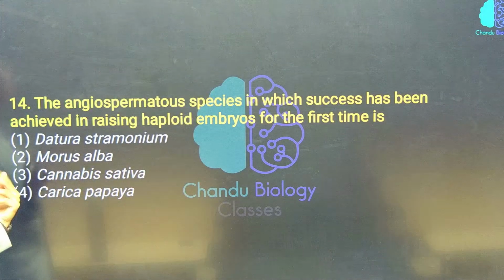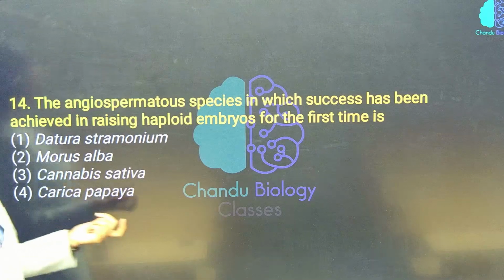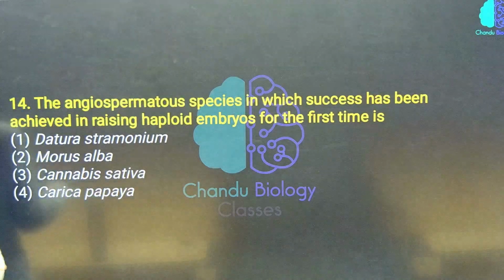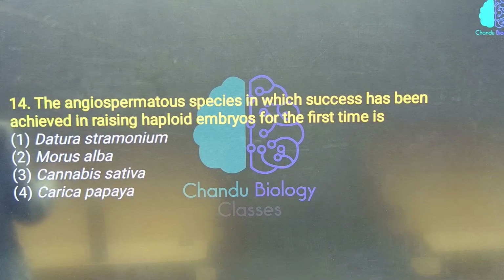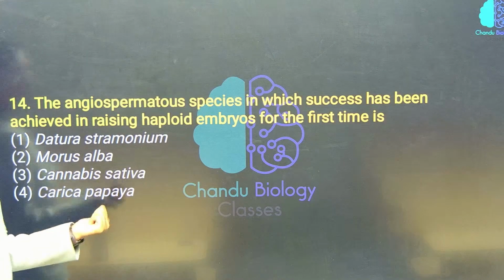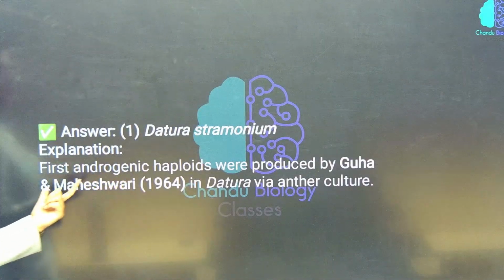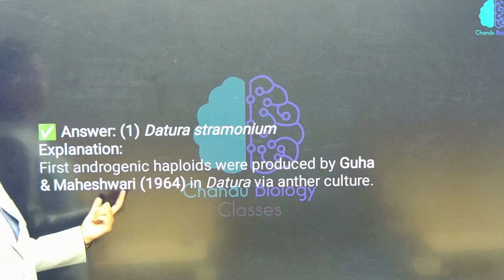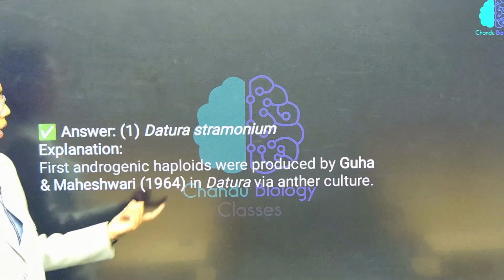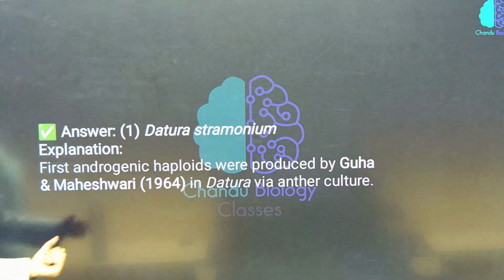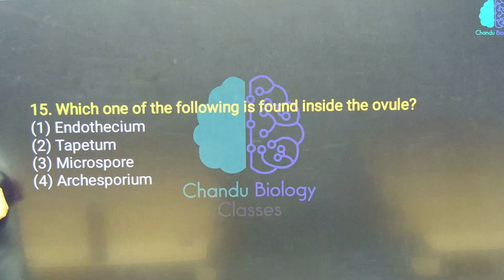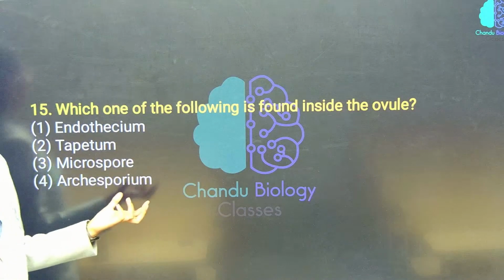And what is the model organism? I have already given you the hint. First androgenic haploids were produced by Guha and Maheshwari in 1964 in Datura via anther culture. Okay. So, the answer will be Datura.